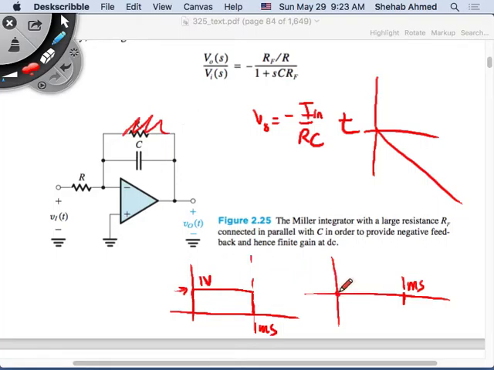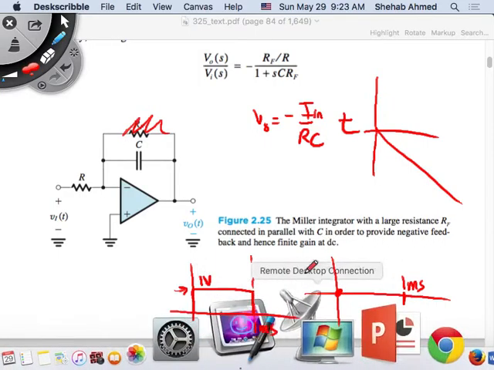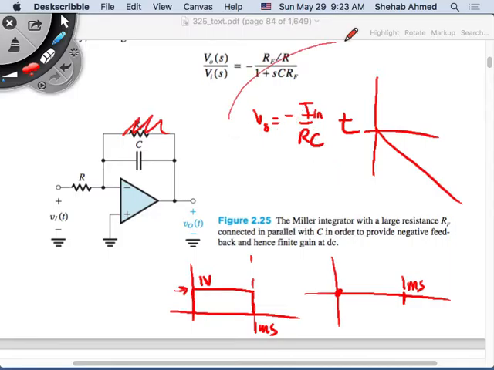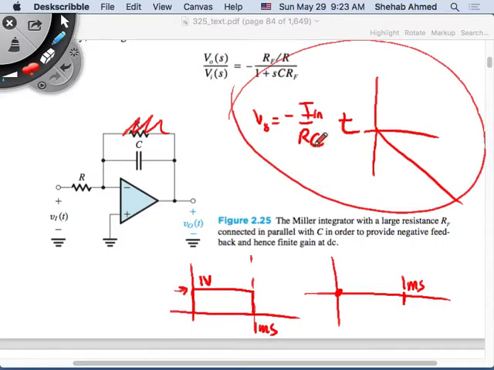Assuming the capacitor has zero initial condition, what is the output going to look like? It's governed by this output-input relationship, the output versus input-current relationship.